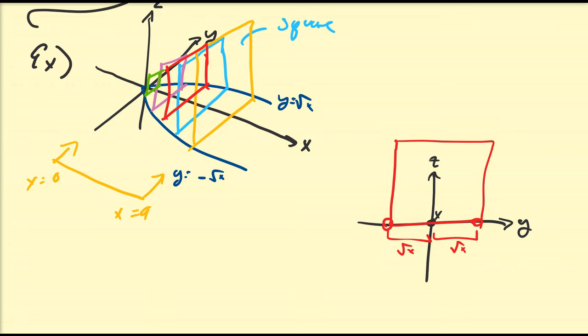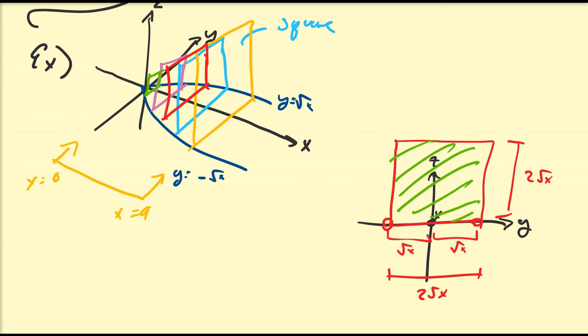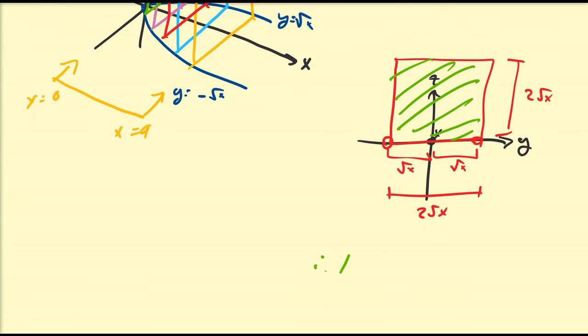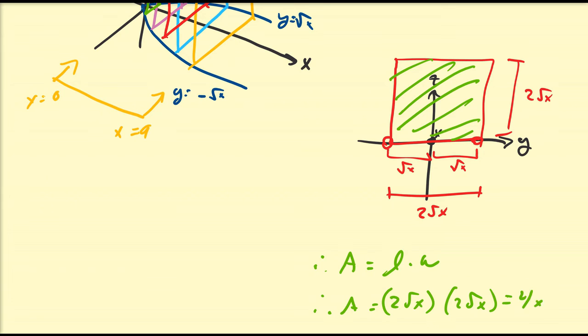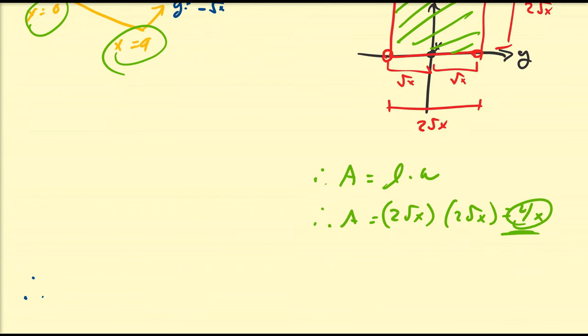So if that is the case, then that means the entire length of the square is going to be 2 square roots of x, forcing the height to also be 2 square roots of x. So if we want the area of that square, we know that's length times width. So that's going to be 2 square roots of x times 2 square roots of x, which is going to just be 4x. So we want to integrate all those areas from x equals 0 to x equals 9 in order to generate the volume of that solid that would be generated from these cross sections.